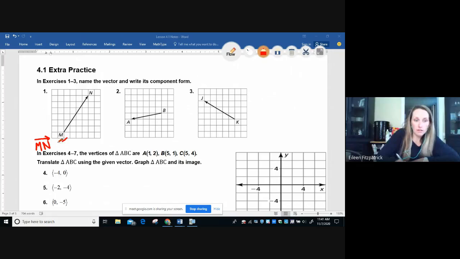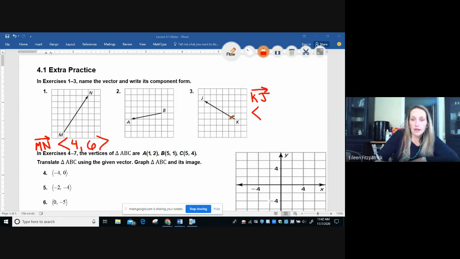Its component form, movement of the vector, we're moving 1, 2, 3, 4 units to the right and 1, 2, 3, 4, 5, 6 units up. So 4 units to the right and 6 units up are both positive values. Right. For number 3, the starting point is K, the terminal point is J, so this is vector KJ.